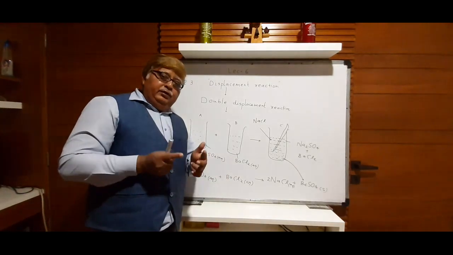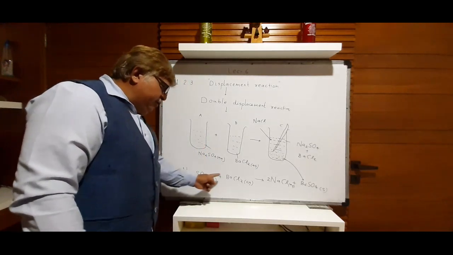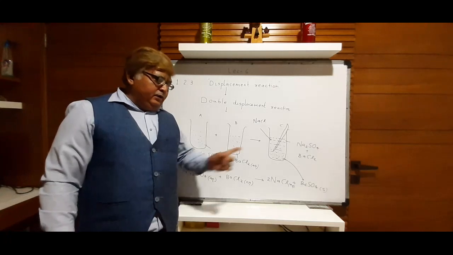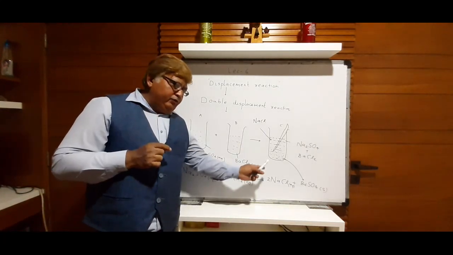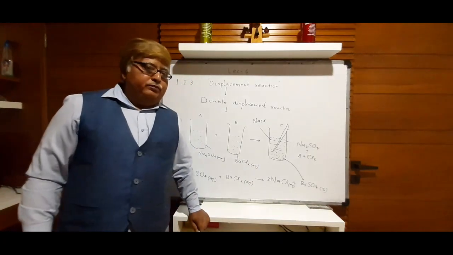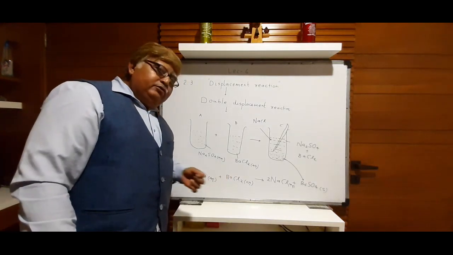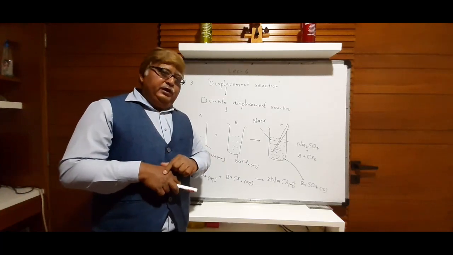Exchange of ions took place. Sodium combined with chlorine, barium combined with sulfate ion and formed tiny white precipitates of barium sulfate, and sodium chloride solution is formed. Because here, when two compounds react with each other, exchange of ions took place.